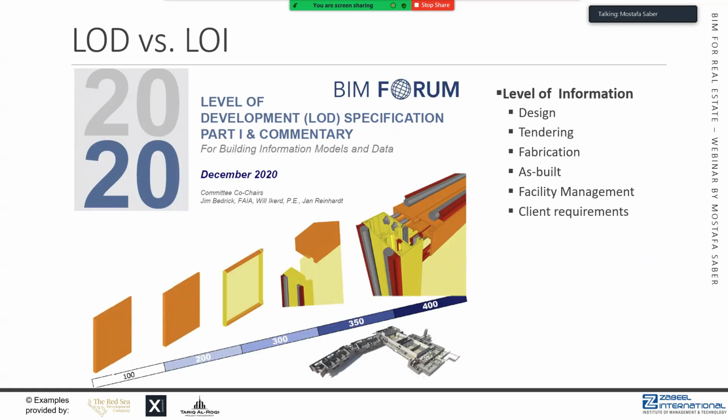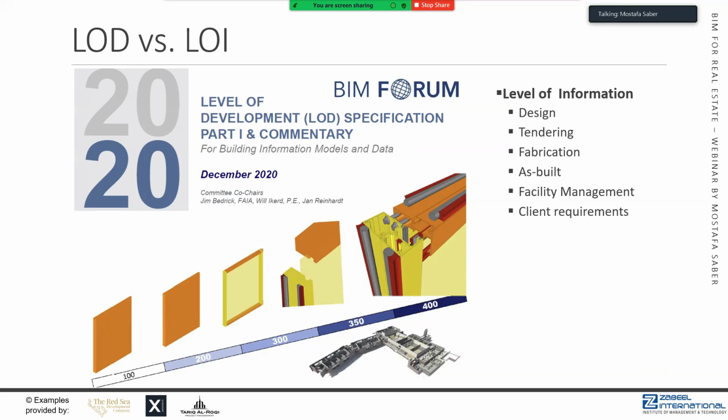Now, what is the difference between LOD and LOI? LOI is a term that emerged early, I believe, in 2017, 2018. And that term refers to the level of information. Previously, we were talking in BIM about the level of detailing first, and then we started talking about something called level of development.